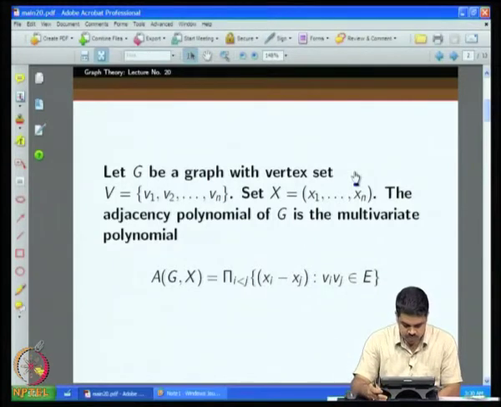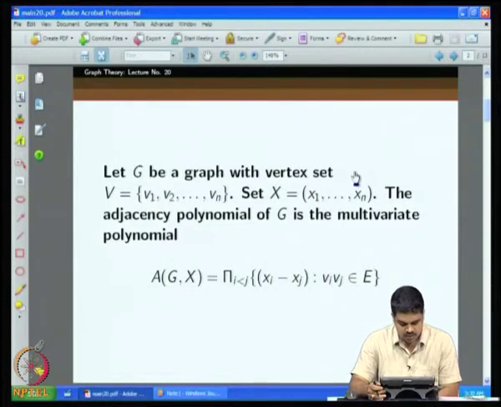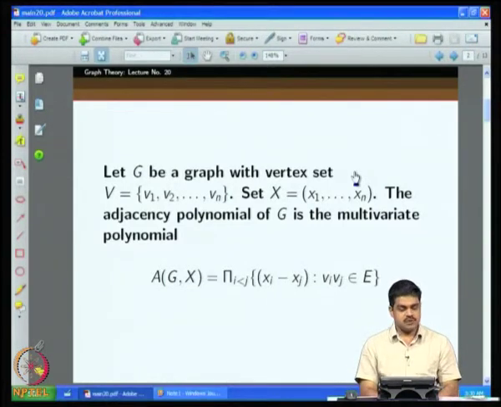Here we are going to study certain polynomials which will help us understand the graph coloring problem. We are going to associate a polynomial with a graph. Let G be a graph with vertex set v1, v2, v3 up to vn, and we will define variables x1, x2, up to xn, one corresponding to each vertex.